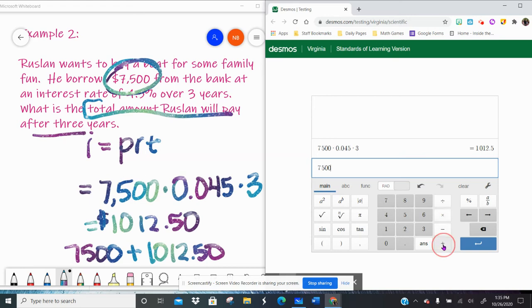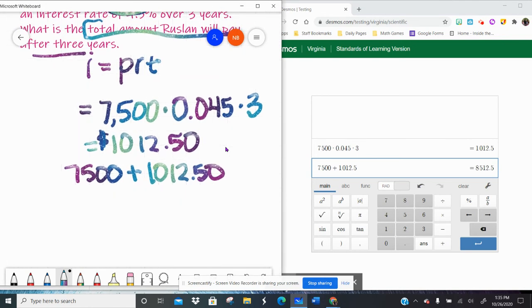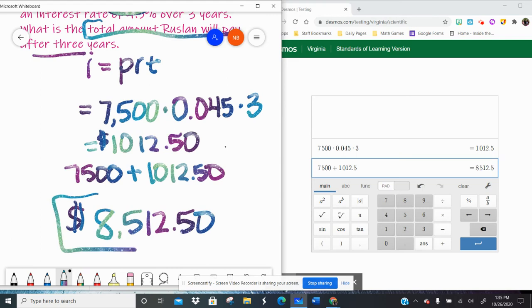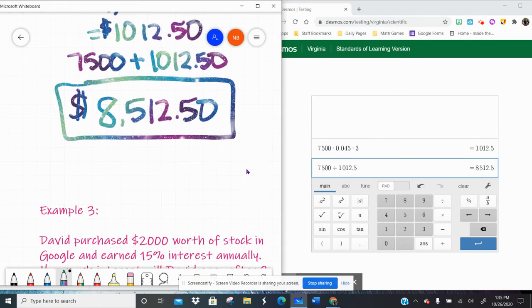So 7,500 plus $1,012.50, which means all together for that boat, he's going to pay $8,512.50. We have to add it back in if they're asking for the total amount that he's going to spend.